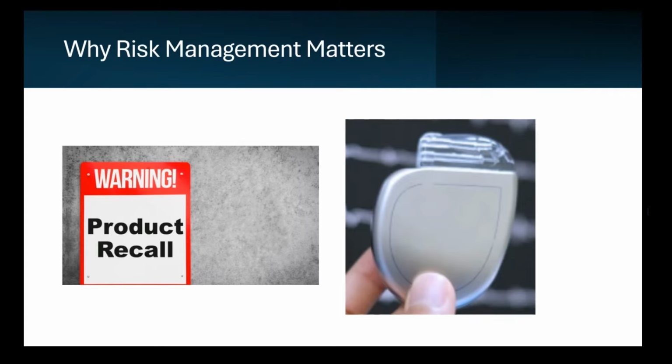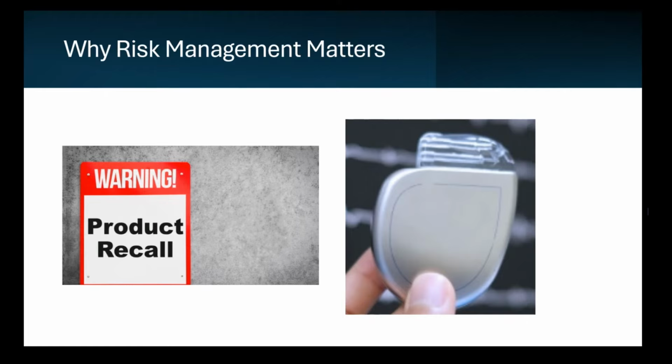And what the company did at that time, they applied the risk management principles, and that helped trace the issue back to a specific component used within the pacemaker. And then that led to the next step of the solution, right? Replacing the material, reevaluating its safety, and implementing stricter testing for future designs. This essentially saved the company from further recalls and restored trust in their patients and customers as well.